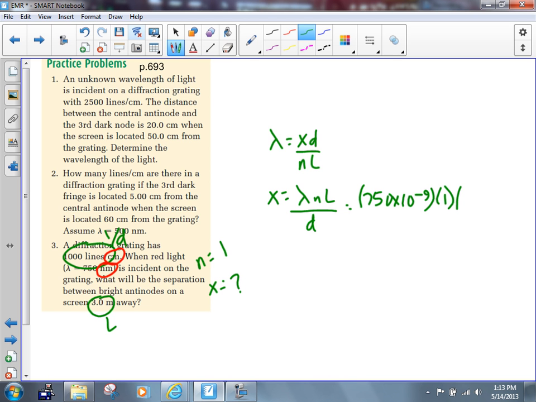L is 3 meters away, and we divide that by d. 1 over d is 1,000, so d is 1 over 1,000, which is 0.001 centimeters, or 0.001 times 10 to the minus 2 meters. If we want to just move the decimal place over a couple places, that's okay too. I'm not a fan of doing that. I like to just tack on the exponent when I'm dealing with a decimal number like that. To me, it's just easier, but whatever works for you.